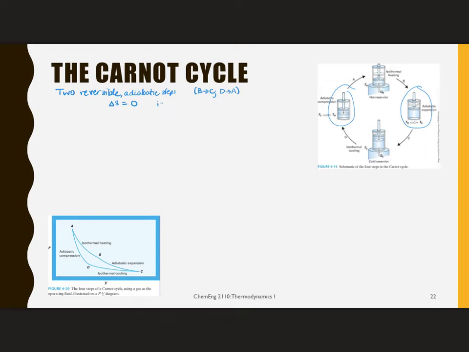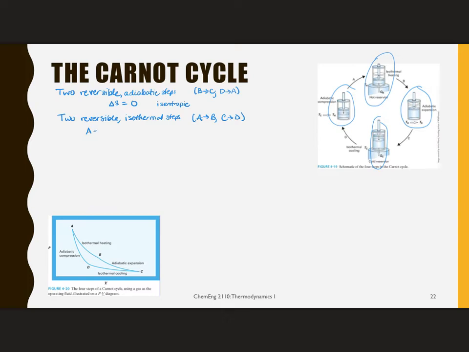Reversible and adiabatic implies that something is isentropic, okay, constant entropy. We also have 2 reversible isothermal steps. These are steps A to B and C to D.